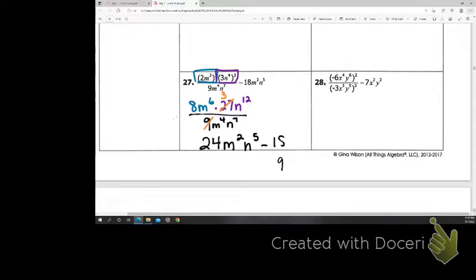And then don't forget, we've still got that 18m squared n to the 5th. And then I'm happy to see that those are like terms, because otherwise I could not do that subtraction. And so my final answer, 6m squared n to the 5th.